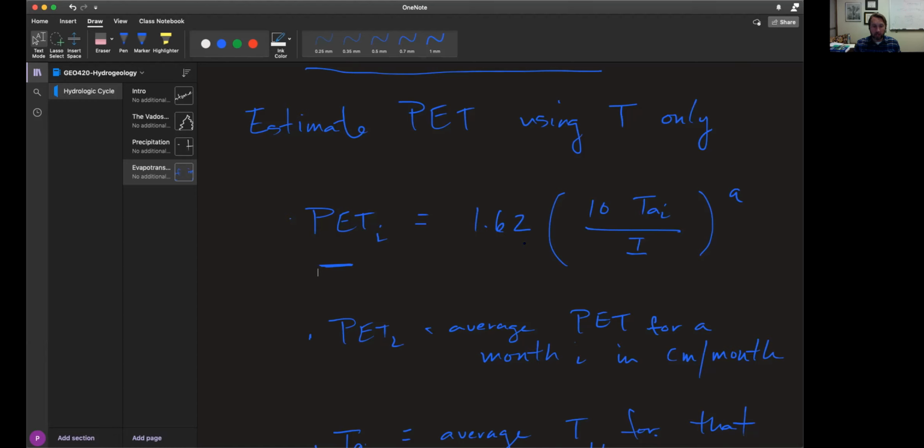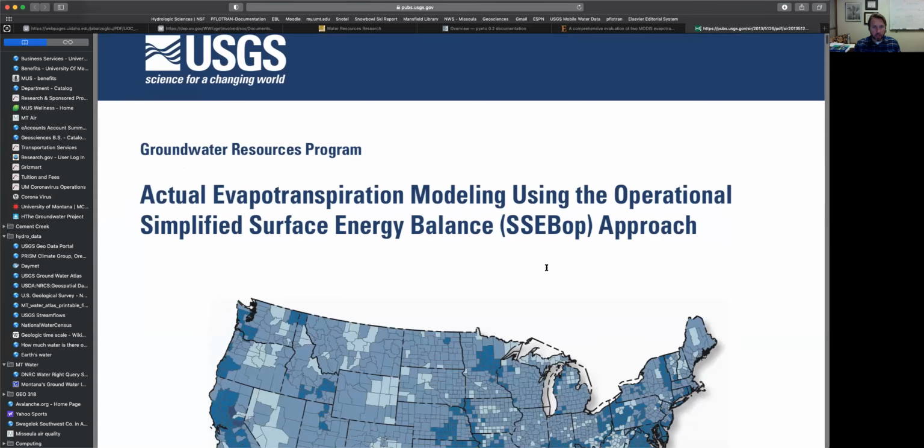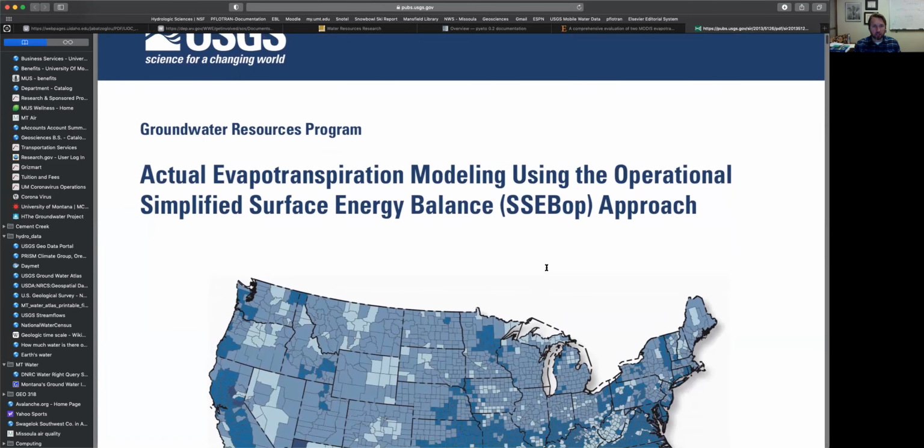All right, there are methods that use the radiation balance and get at distributed evapotranspiration, and I'm just gonna point you to one right now, and this isn't necessarily the best one, but it is one that is out there. This is the actual evapotranspiration modeling using the operational simplified surface energy balance approach.